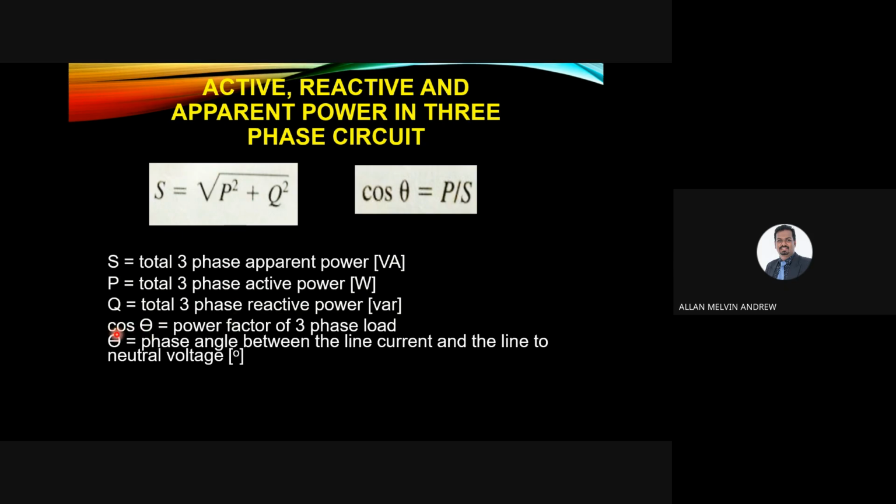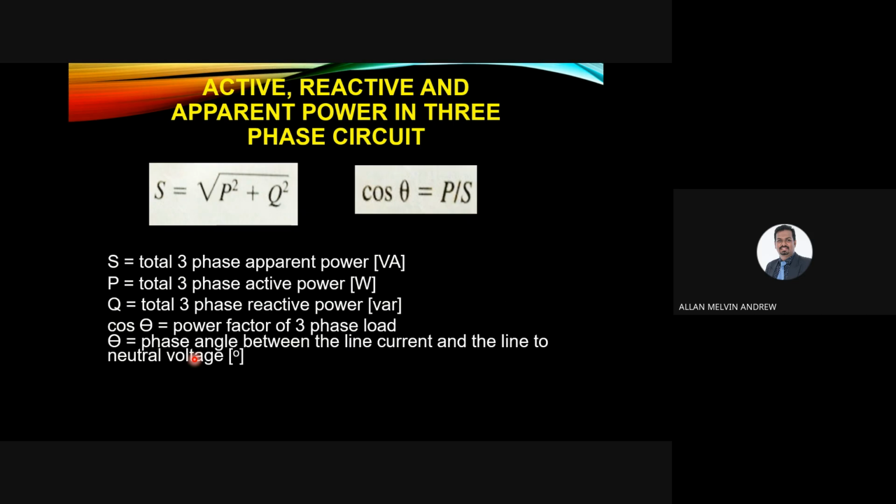Okay, and cos theta is the power factor of the three-phase load. So usually for three-phase, power factor must be determined to understand how the power can be distributed, and the angle theta is the phase angle between line current and the line neutral voltage.